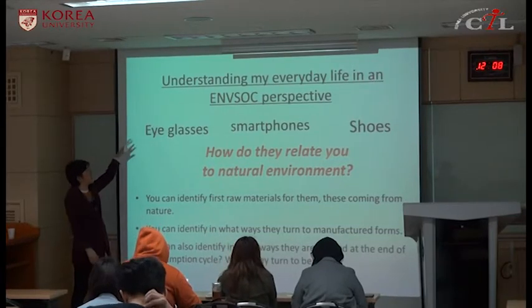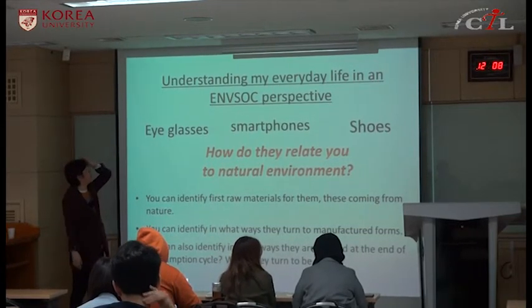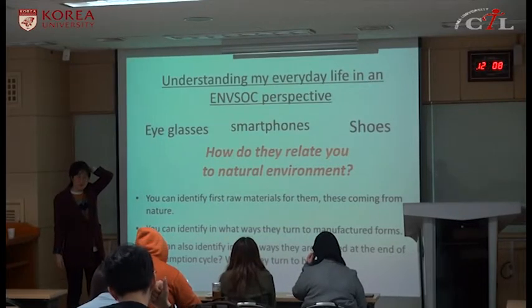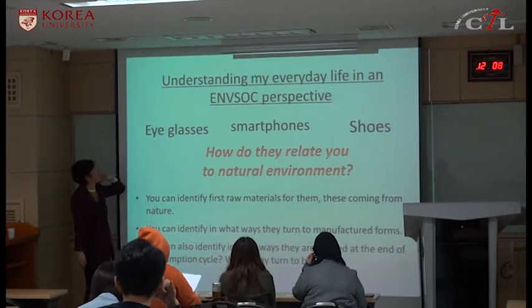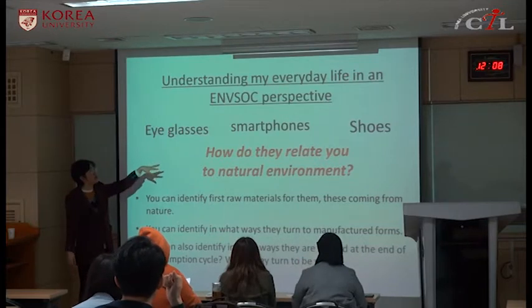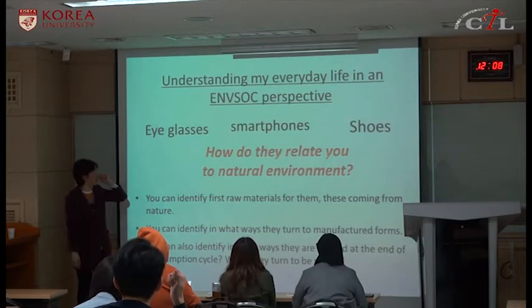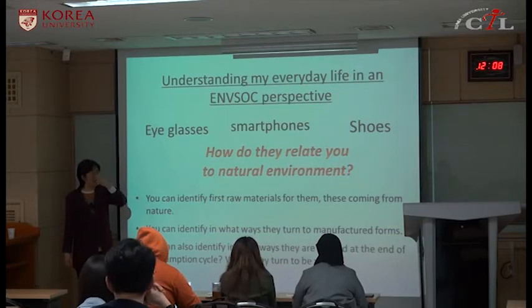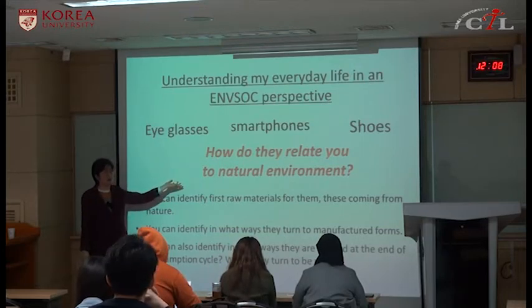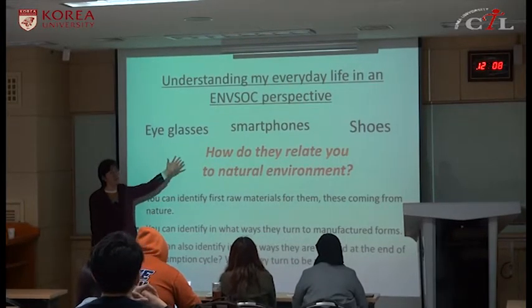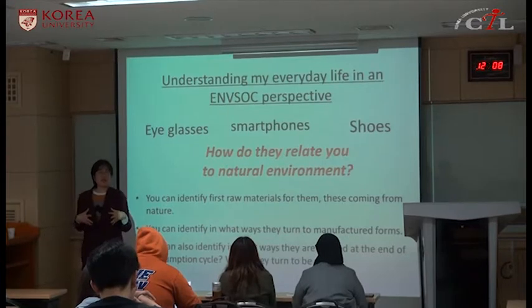She chose the first one, understanding my everyday life in an environmental social perspective, and she chose eyeglasses and smartphones and shoes. Is that correct? Okay. So my question is, how do they relate to the natural environment? Because these are the manufactured form of nature, right?